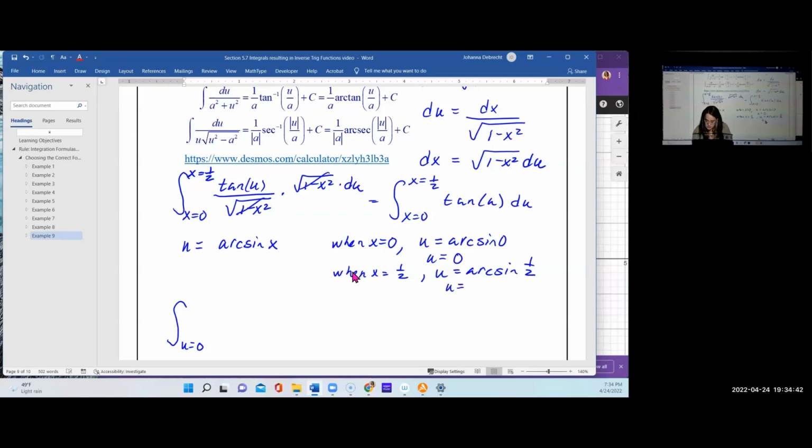So this tells me that u equals pi over 6. Notice that this limit of integration is not the original limit of integration. It's not the 1/2 that we had at the beginning, and that's because we changed the value to being a u value. Now we can write the rest of it, tangent of u du.